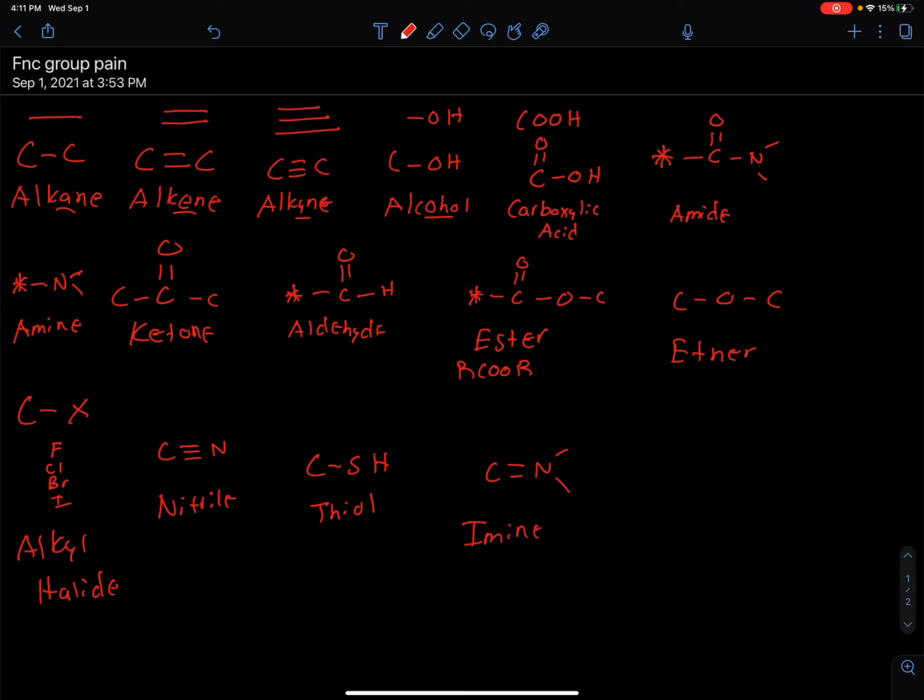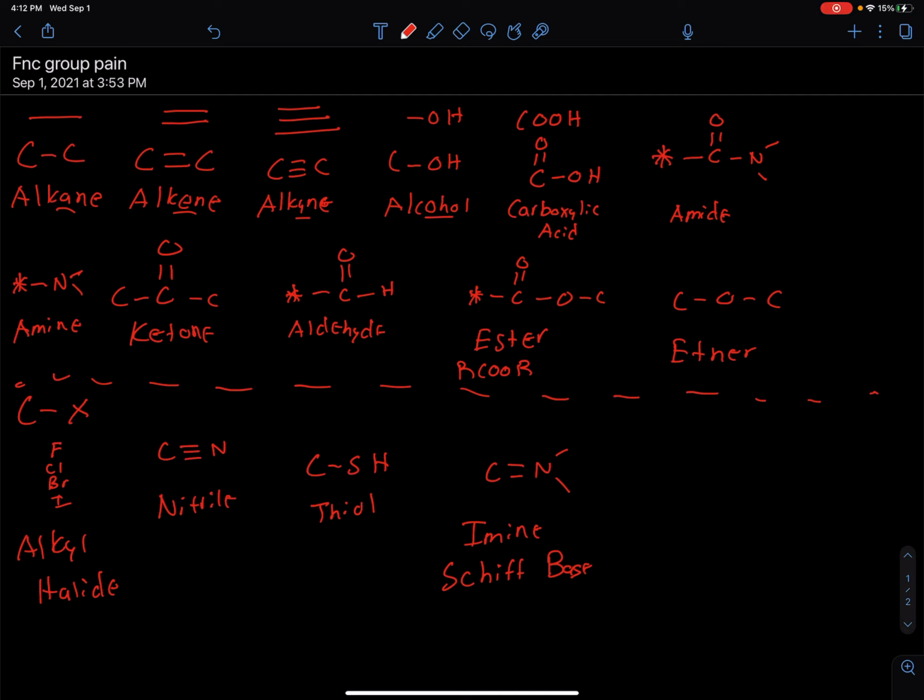You'll learn a lot more about these usually halfway through organic chemistry. This is also called a Schiff base. But I'm just going to draw a line here, because this is when you get a bit more into organic chem and you learn some of these other groups like imine, thiol, nitrile, alkyl halide.